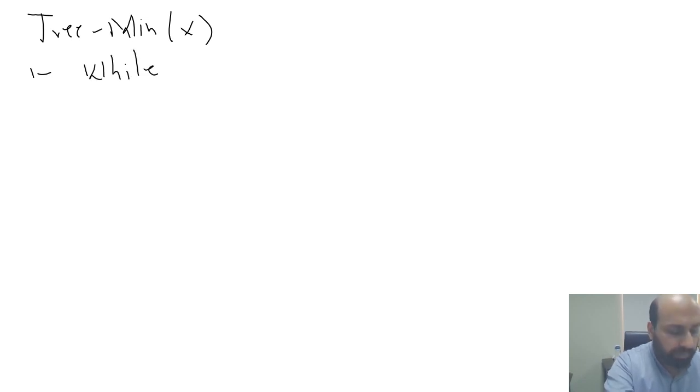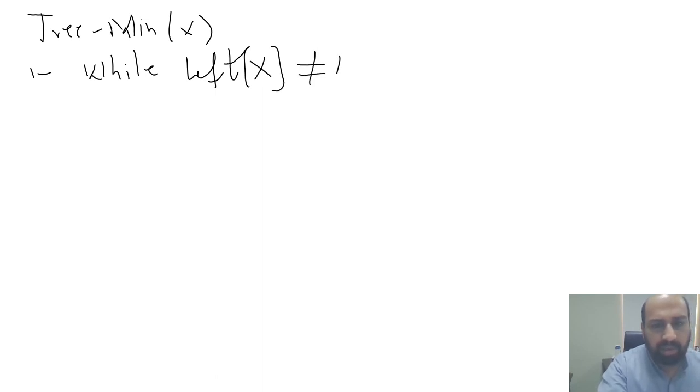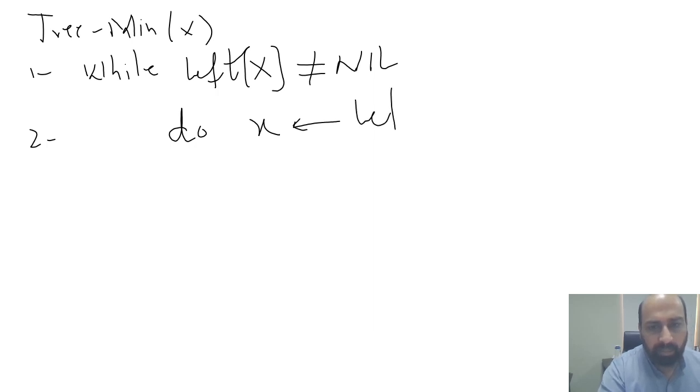While left of x is not equal to nil, you keep going to the left. If it is not nil, then what you need to do is assign left of x to x, because next time you are going to get the next iteration.